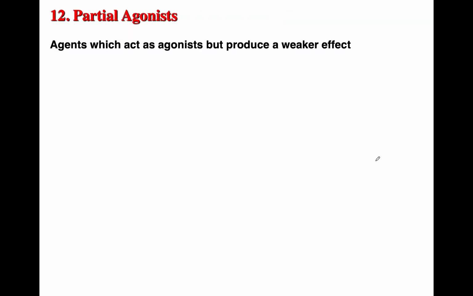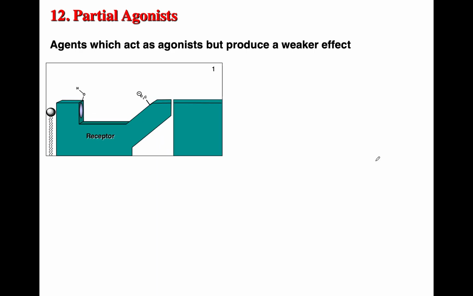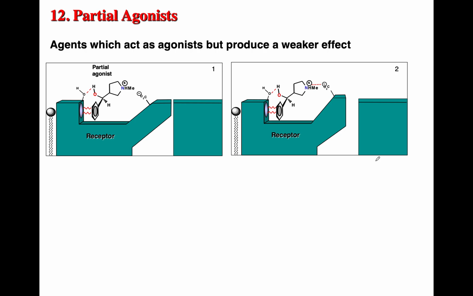Now you have what we call partial agonists. These are agents which act as agonists, but they produce a weaker effect. They go in, they bind, they have interactions, but the effect is not as pronounced as the actual agonist. They have all the interactions that you can think of. It's just not as strong.